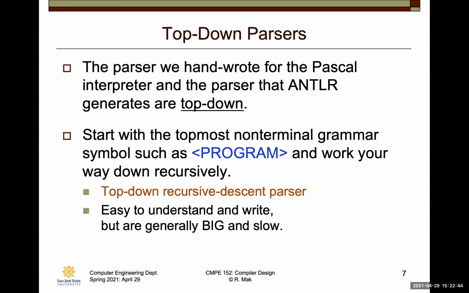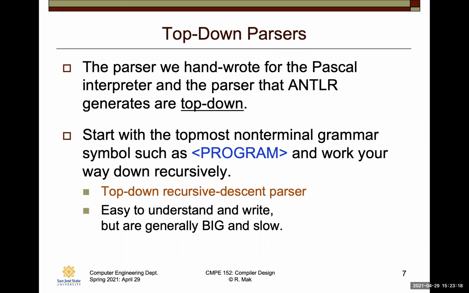Okay, parsers. Now we did talk about top-down parsers, in fact, top-down recursive descent parsers. Before, at the very beginning of the semester, before we started using Antler, we kind of hand wrote a parser. I said this is an example of a top-down parser because you start out with the topmost rule of your language, which mostly is program, and then you work your way down recursively.